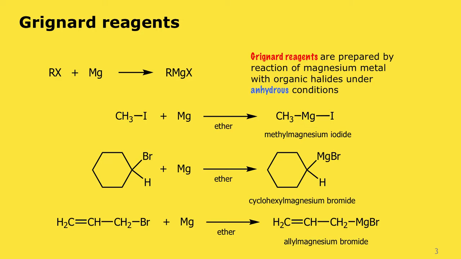So Grignard reagents are quite simply prepared by the reaction of an alkyl halide. So R is an alkyl group, and X could, in principle, be any of the halogens. In practice, it's typically everything except fluorine, and the reaction with magnesium in its zero oxidation state. So shown here are three pretty simple examples.